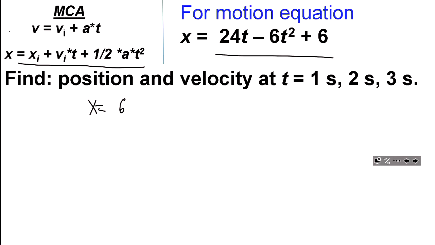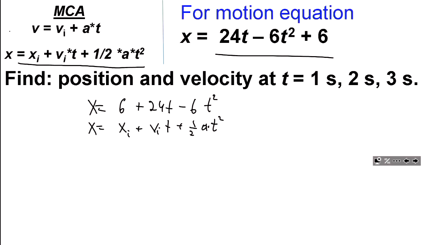First, a constant, then a linear term, and then a quadratic term, right? And this equation is supposed to be absolutely identical to the standard equation for motion with constant acceleration.